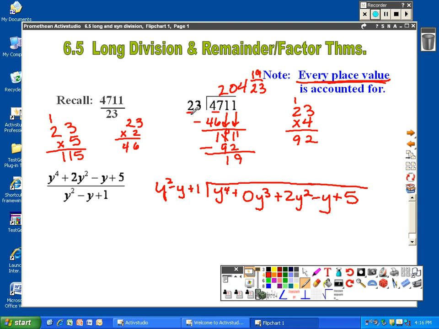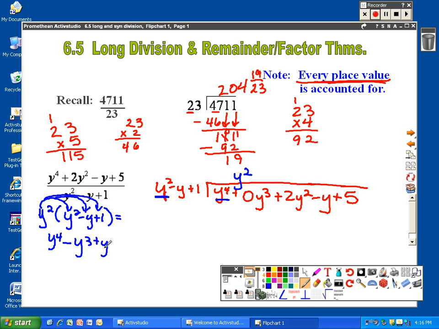Up here I looked at the first digit. So in my polynomial, I'm going to look at the first term, which is y squared. How many times does y squared go into y to the fourth? Y squared times. So then I take my y squared times my entire divisor, y squared minus y plus 1. And I get y to the fourth minus y cubed plus y squared.